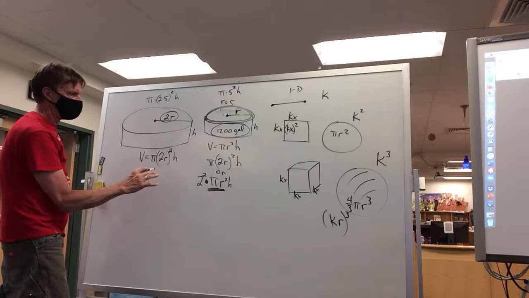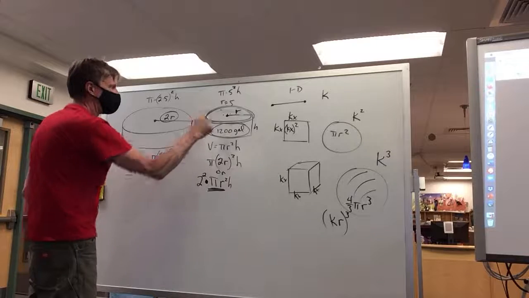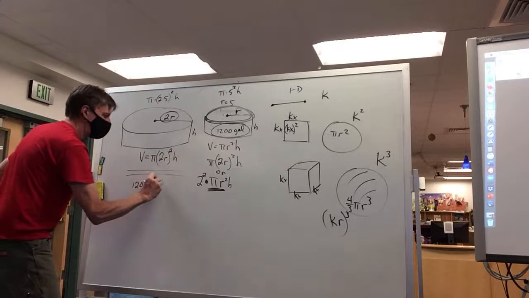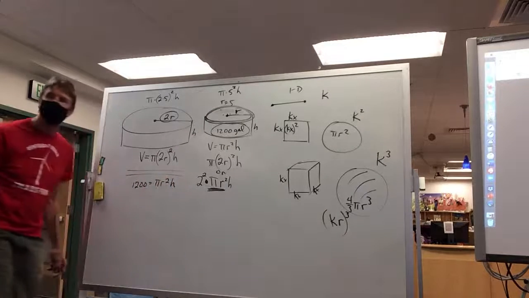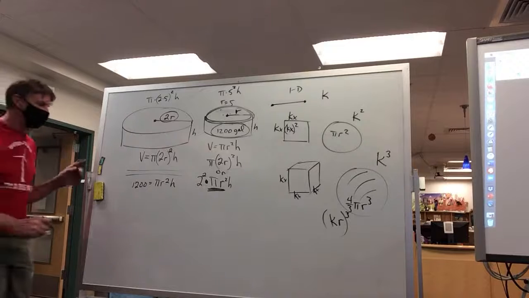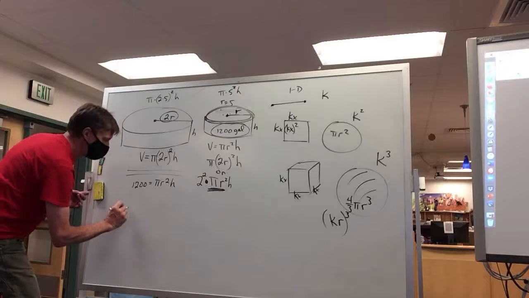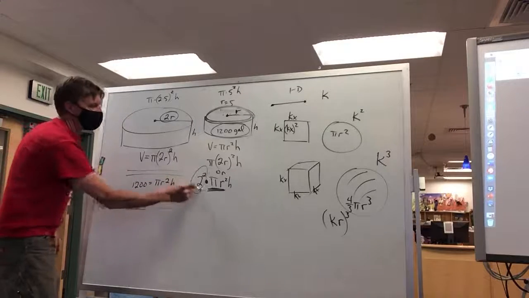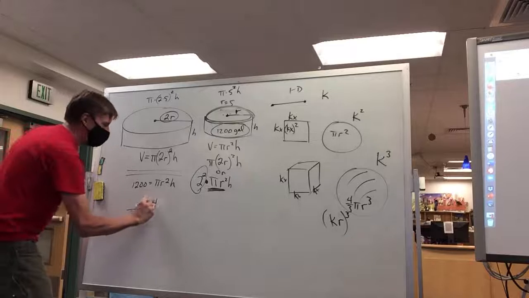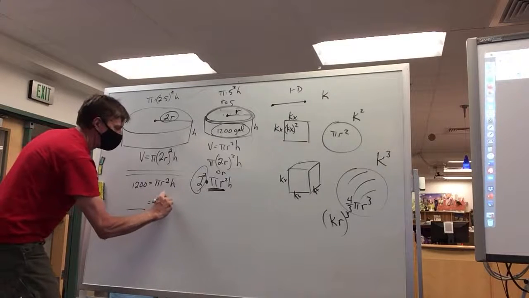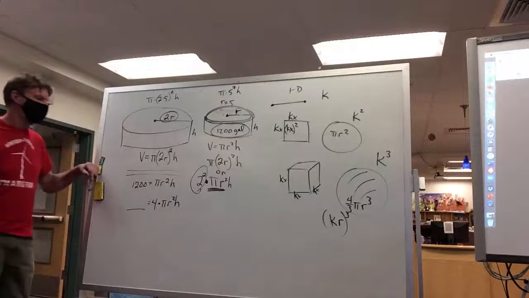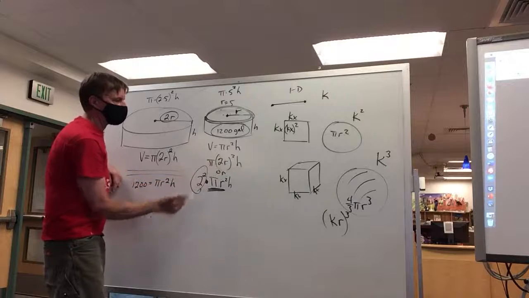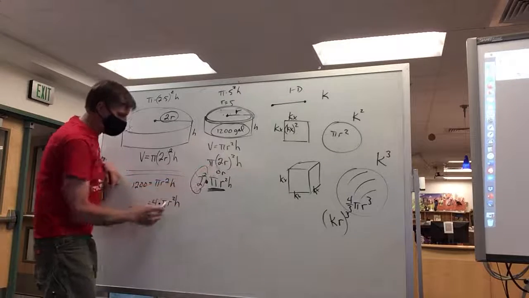Let me clean this up a little bit. So the original formula says that 1200 is equal to pi r squared h, correct? Now we do not know the new volume. So that new volume will be equal to 4 pi r squared h, because instead of just taking 2 times r and squaring it, I pulled the 4 out front.